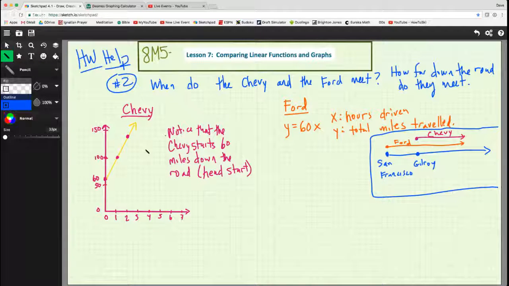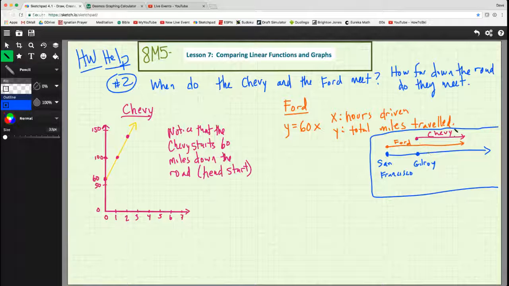Okay, so here we have a Chevy and a Ford that are driving down the road. Now, the Ford starts in San Francisco and the Chevy starts in Gilroy. Now, I'm just going to tell you that Gilroy is 60 miles down the road. So the Ford's driving from San Francisco to Gilroy and on beyond. The Chevy's just starting at Gilroy and going beyond.